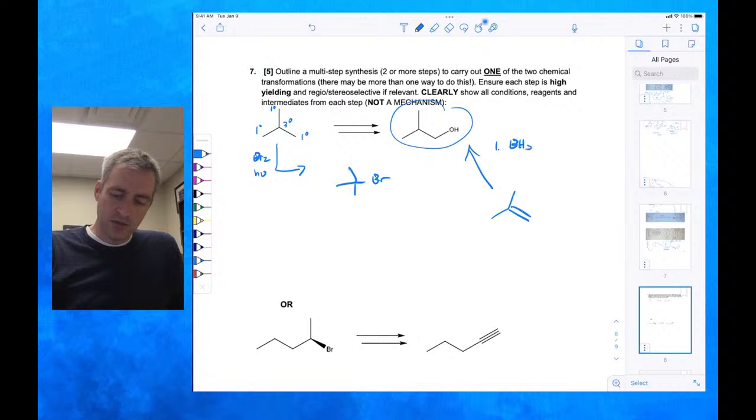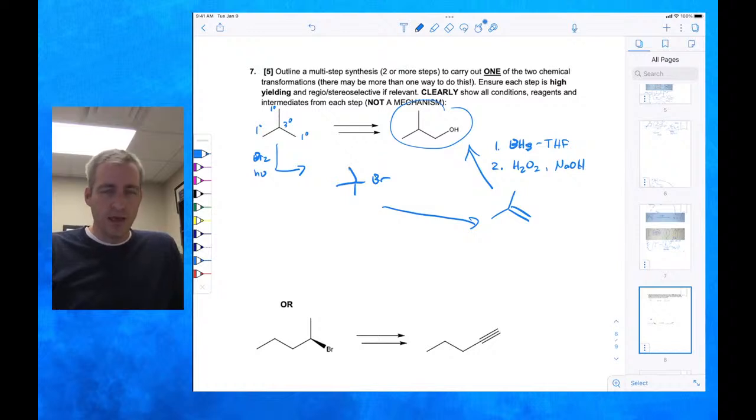This is BH3 with THF, which makes like a Lewis acid-base complex. THF is your solvent there, followed by the oxidation, which is hydrogen peroxide along with NaOH. So we can close the loop here by taking that bromo compound to the alkene by using any old elimination conditions we want.